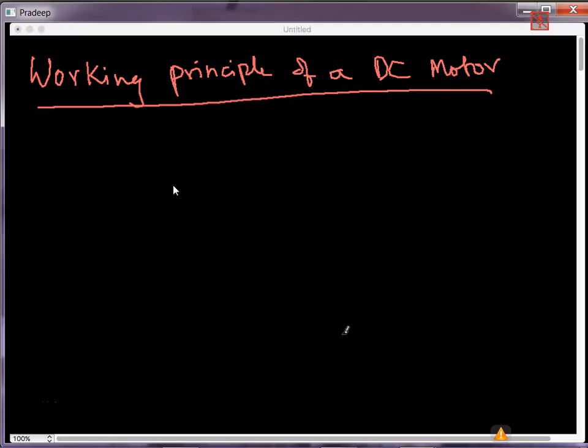That is the working principle of a DC motor. How exactly a DC motor works. So again, just go back to the construction. The same machine can be used as a motor and a generator. So let's say this is the North Pole and this is the South Pole.